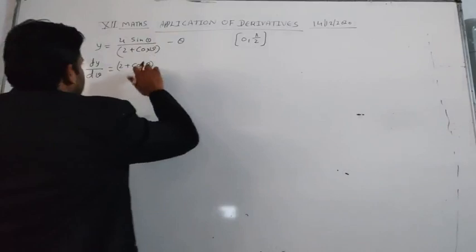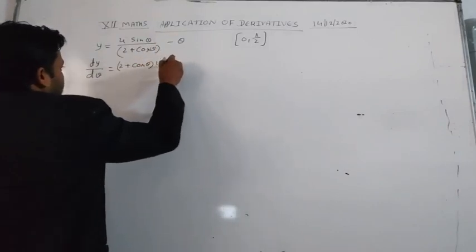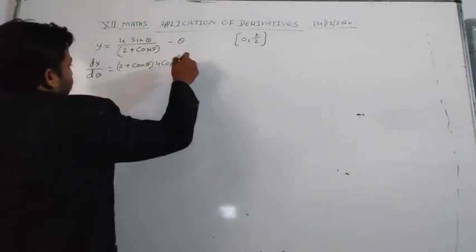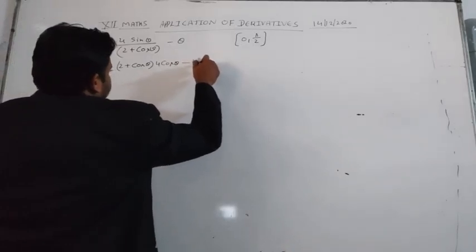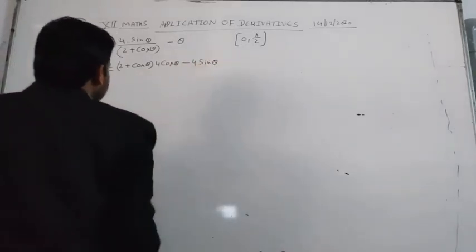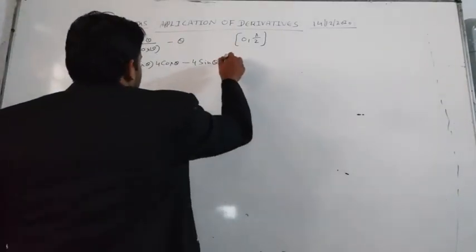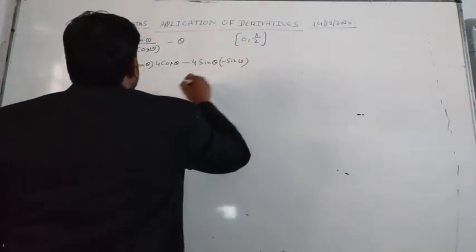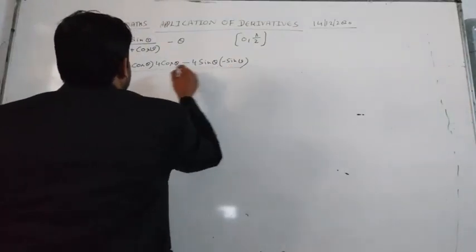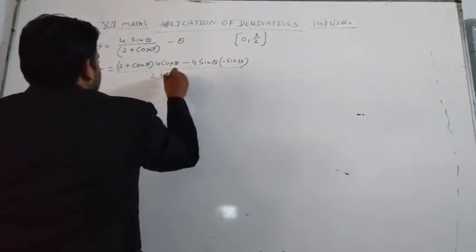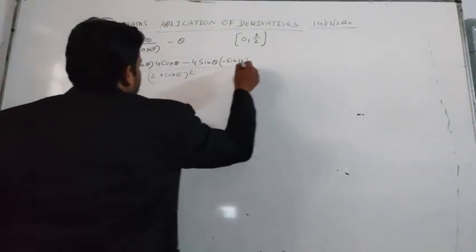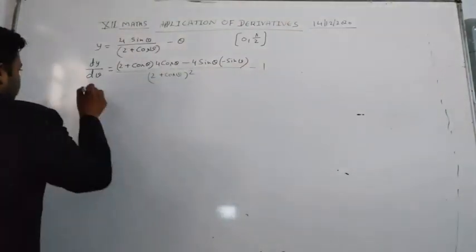Okay, so d differentiation of n minus n differentiation of d, so minus sin theta. Okay, and divided by d whole square, and this is minus 1.